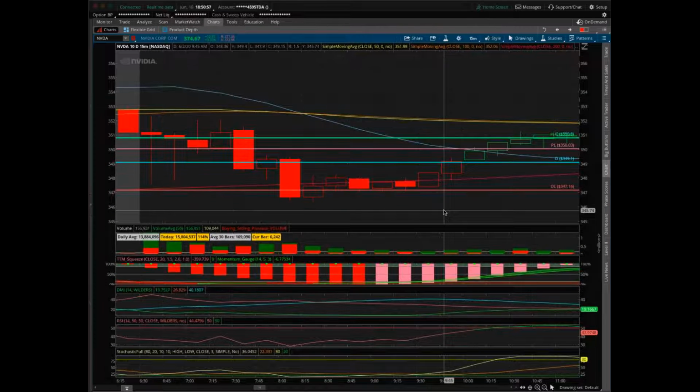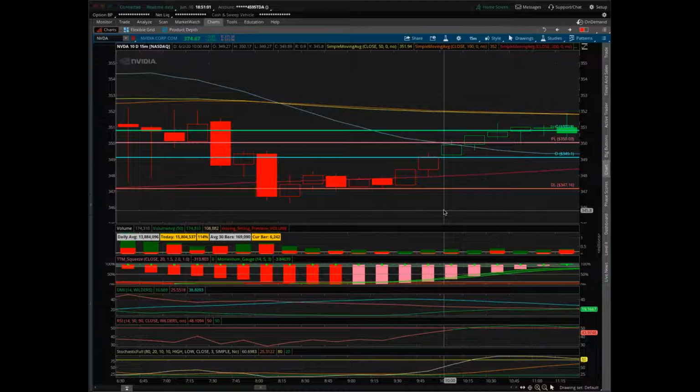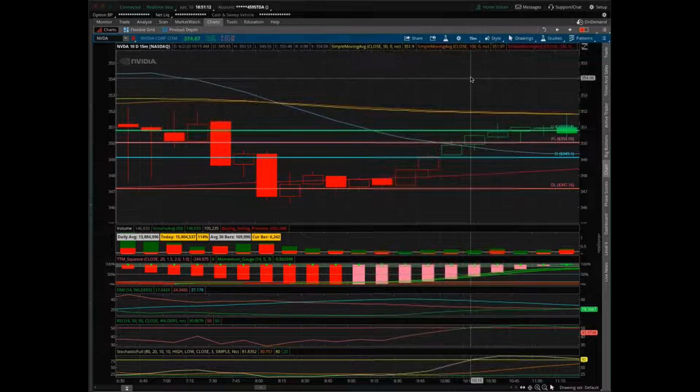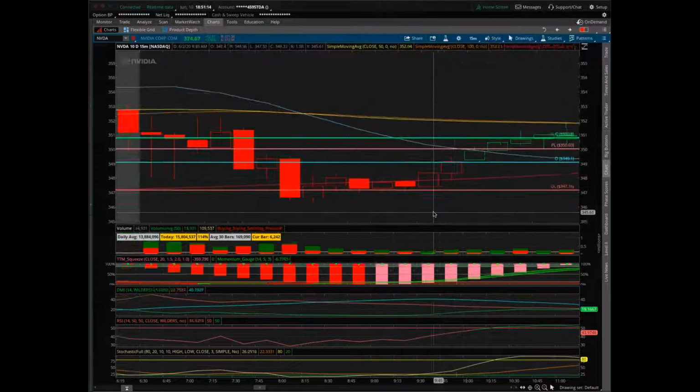Is that what we were using when we were going through the examples? Yeah, this is a 15-minute chart. When we're going through the examples, we're going through a 5-minute chart on the PDF. But it's the same thing, 5-minute, 15-minute chart. It's just a lot smoother on the 15-minute for me. That's what I use.